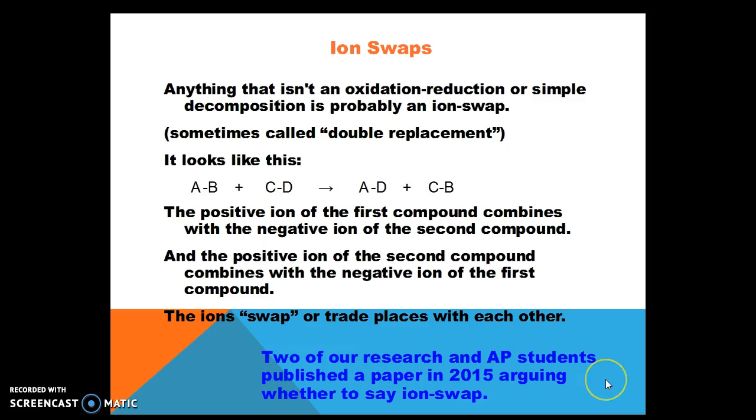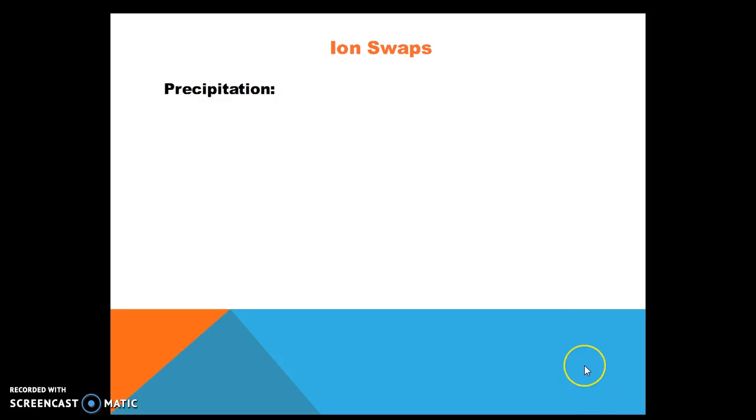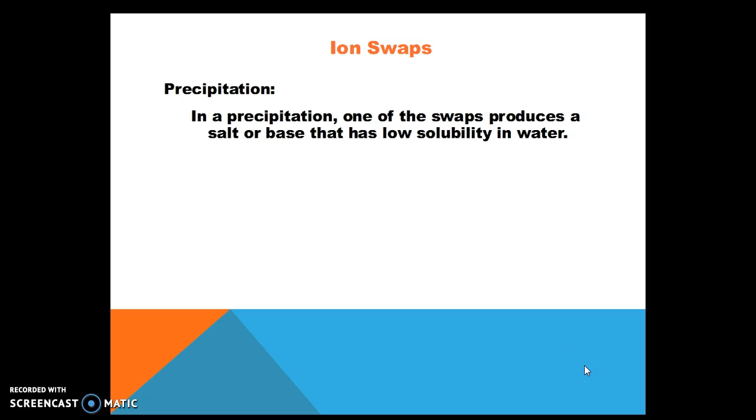Now, two of our research and AP students actually published a discussion in 2015 arguing whether to say ion swap or double replacement, and I came down on the side of ion swap. The first kind is called precipitation. One of the swaps produces a salt or a base that has low solubility in water.